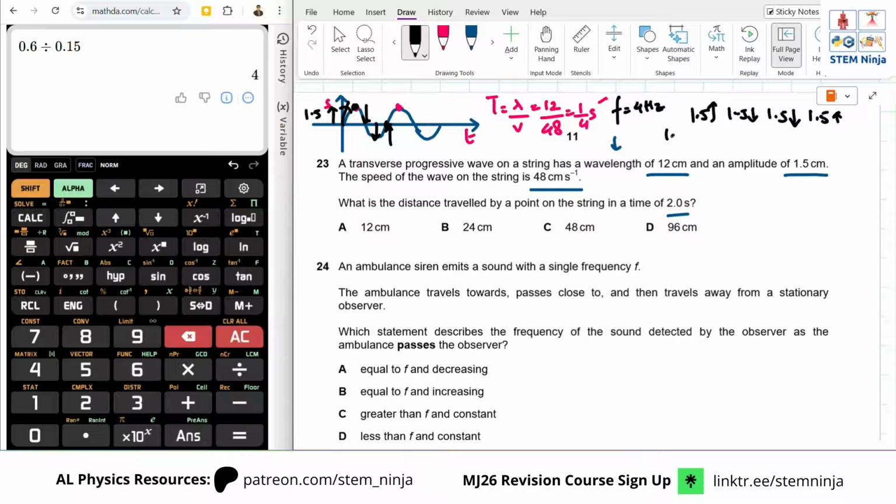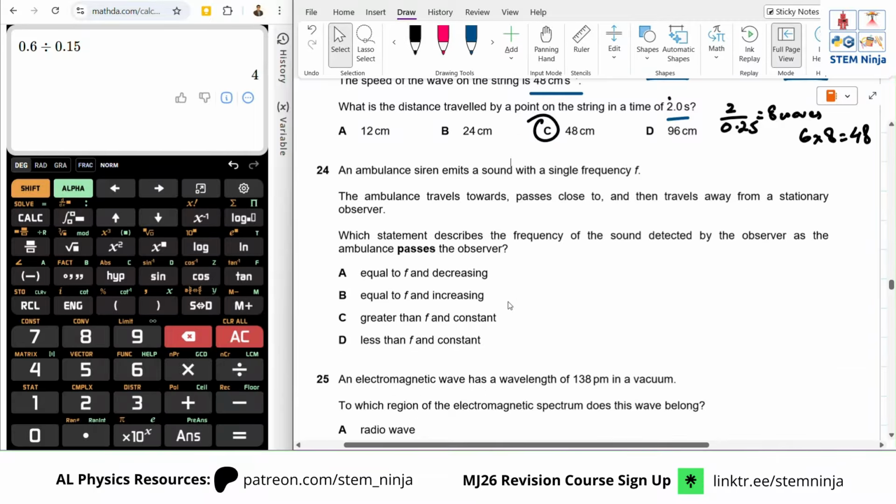So in one wave, it is traveling 6 centimeters. So how many waves do we need? So 2 divided by 1 divided by 4, or 0.25, this is simply 8. So 8 waves, basically 8 complete waves. So 6 times 8, that is going to be 48 centimeters.